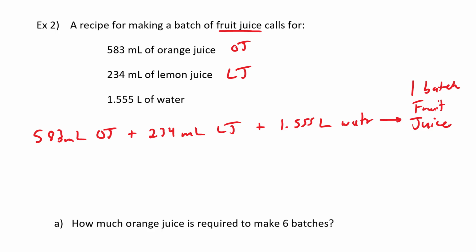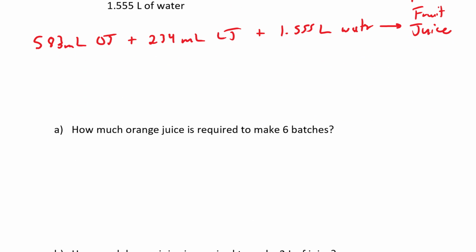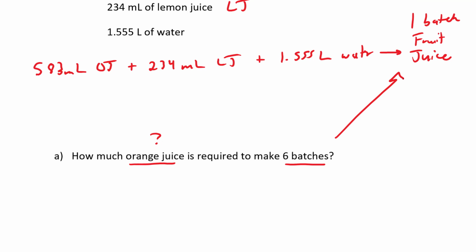Now let's solve some of these problems using the recipe here. How much orange juice is required to make 6 batches? Well, here the recipe makes 1 batch. So we'll write 6 batches. If I want to make 6 batches, how much orange juice do I need to buy?